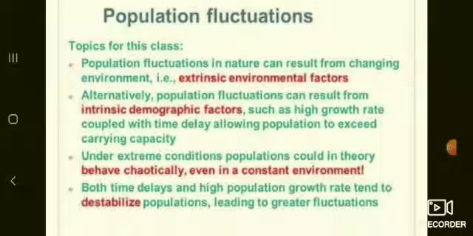Now the next characteristic is called population fluctuation. It can result from changing environment. Population fluctuation can result from intrinsic demographic factors. Under extreme conditions, population could in theory fluctuate even in a constant environment.